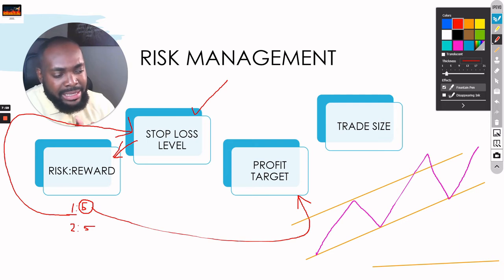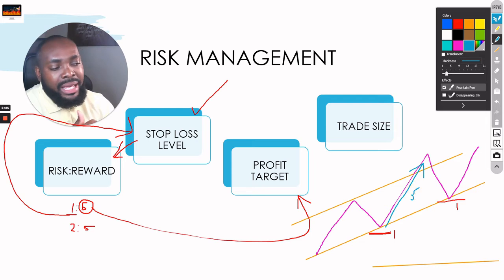With a chart like this, we're saying that if price breaks below the support, we're losing 1 point, right? Every time we catch it early enough, when price bounces off the support, we would lose 1 point if price completely breaks down and starts to go lower. But based on the projection of the move, if price continues to move up, then we would make 5 points on those upside moves.